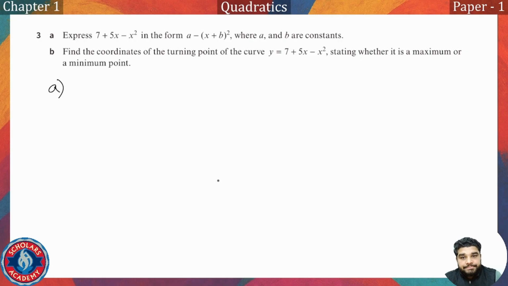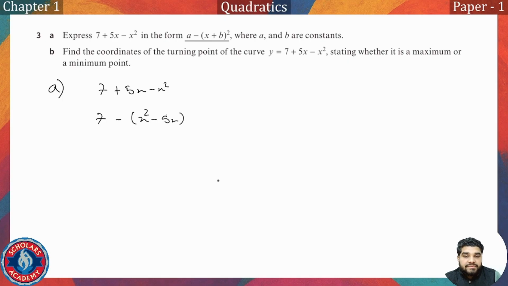So part A, 7 plus 5x minus x square. Now we want to represent it in the form of a minus x plus b whole square. Let's start. We get 7 minus x square minus 5x. To make this a whole square, we need to add the value of b square.